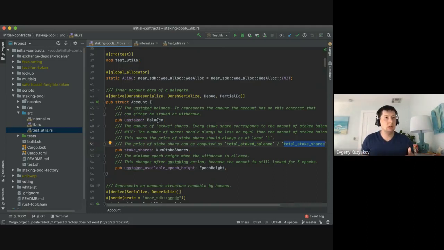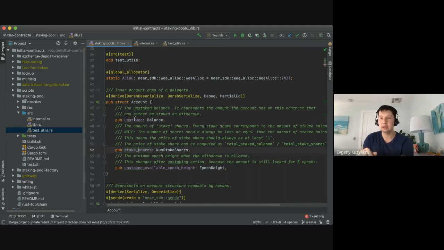Now, when you receive another reward, you don't need shares, just the total balance, and in constant time everybody shares the reward proportionally to the number of shares they have. When you unstake, you essentially sell these shares, or burn them in the concept of fungible tokens, in favor of unstaked balance.